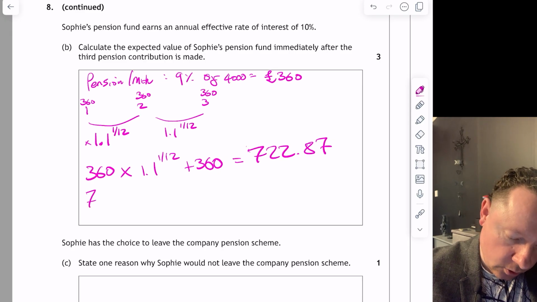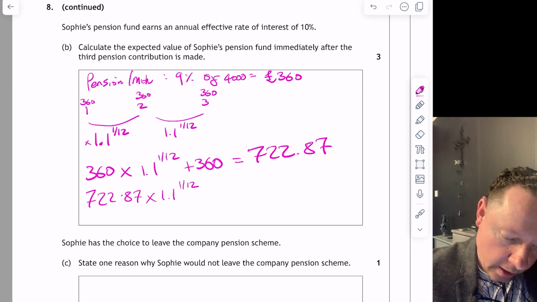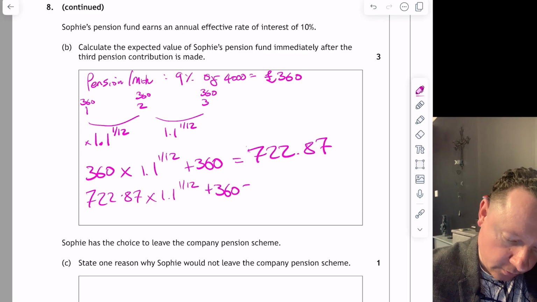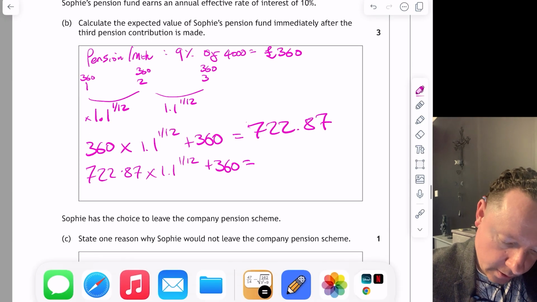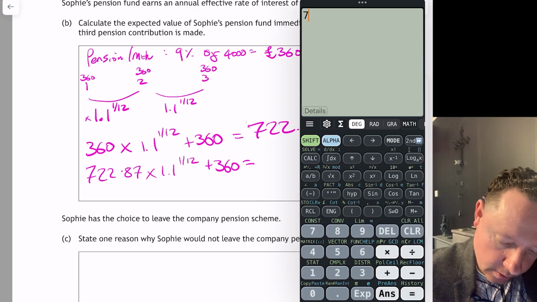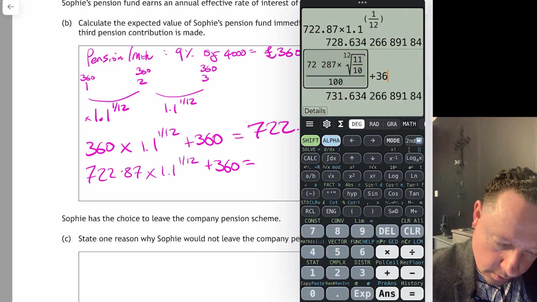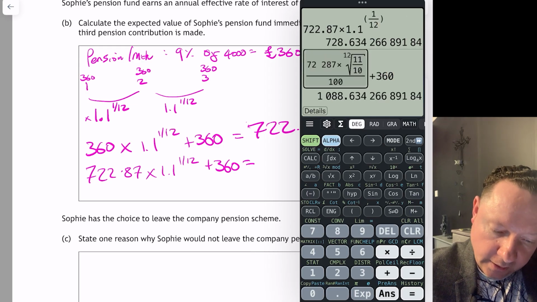Then we take our 722.87 and we times by 1.1 to the power of 1/12, and add an extra 360 on that as well. And that's the third 360. And you get 1088.63.